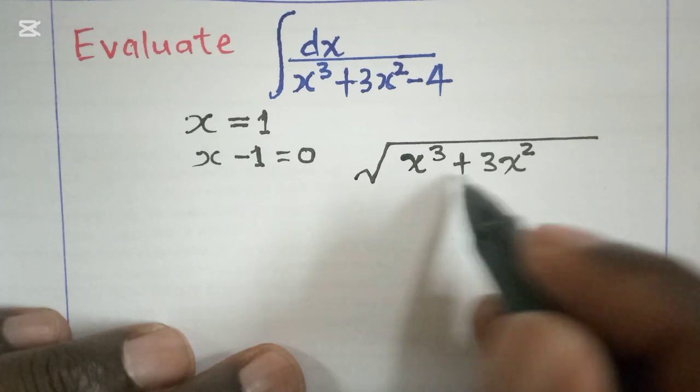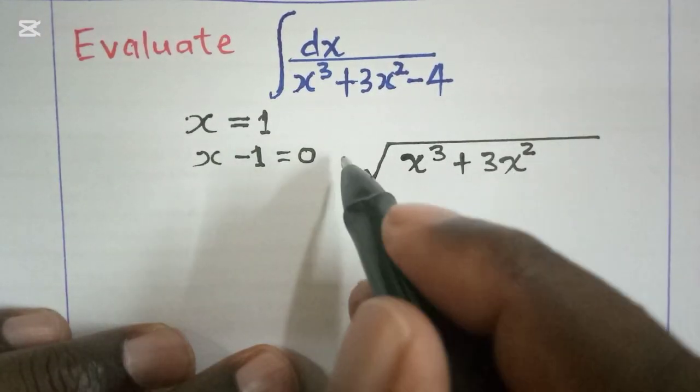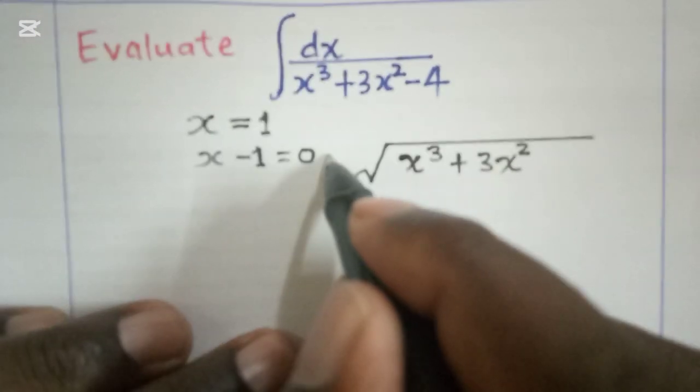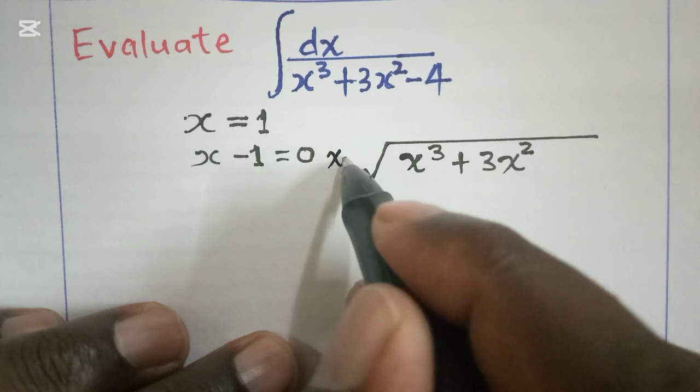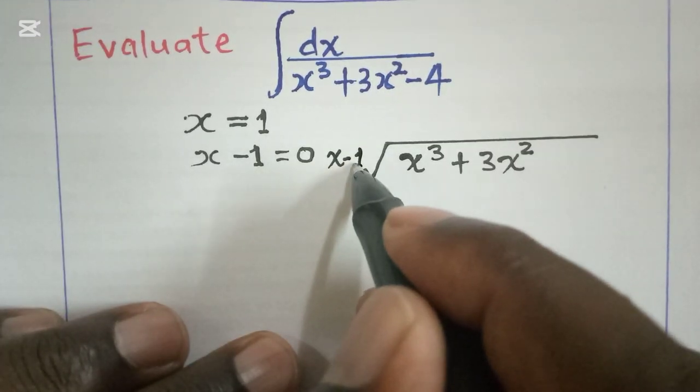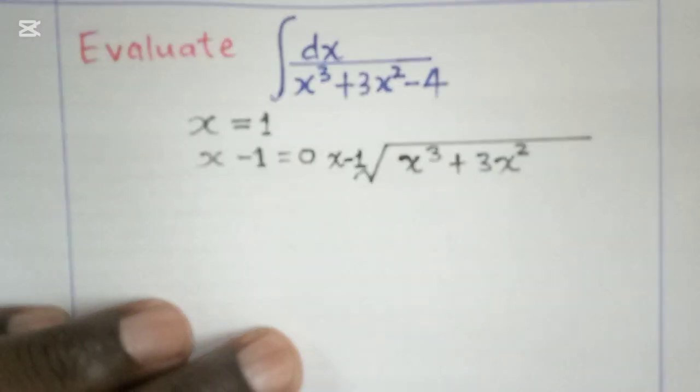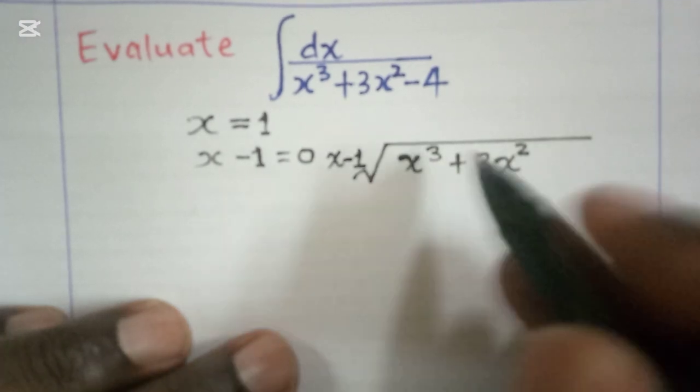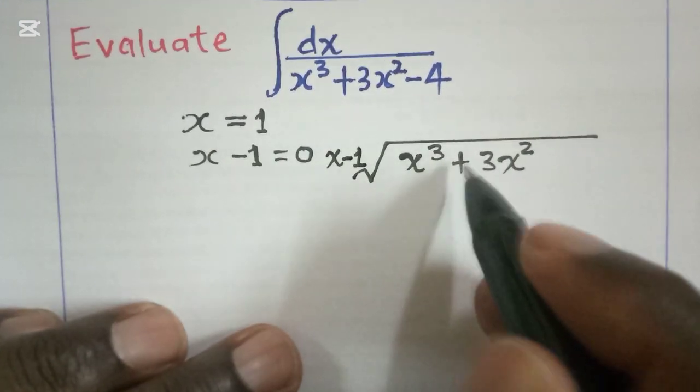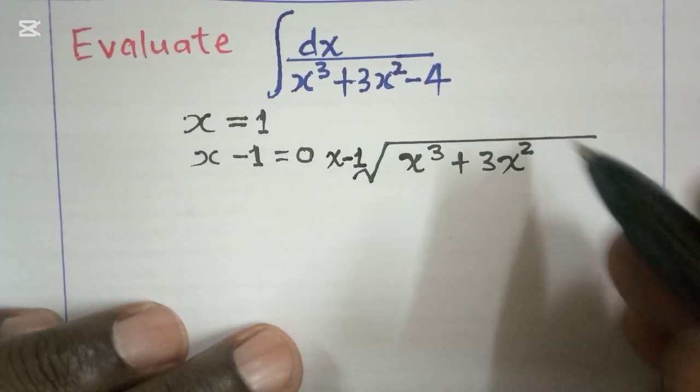So I'm writing my polynomial here in order to divide by x minus 1. I can write it like this: x cubed plus 3x squared.